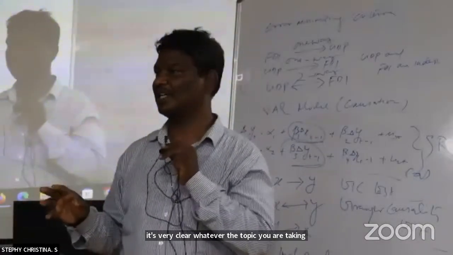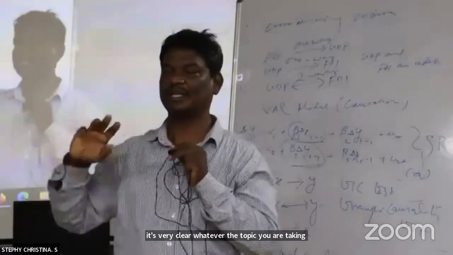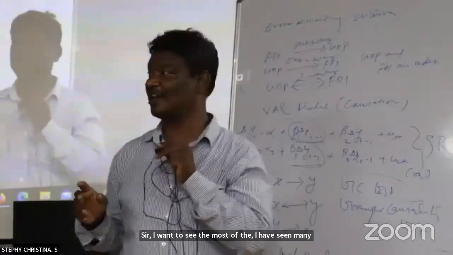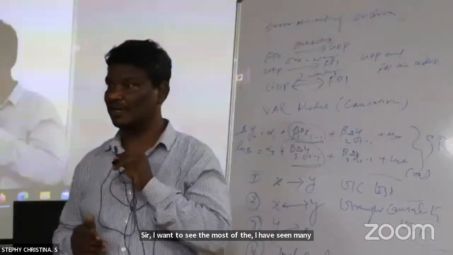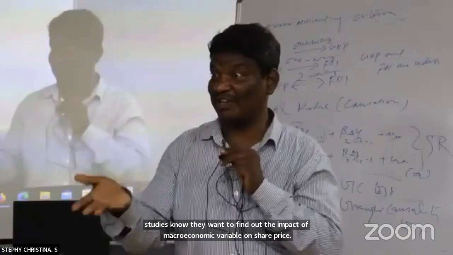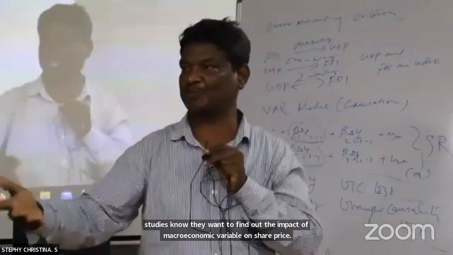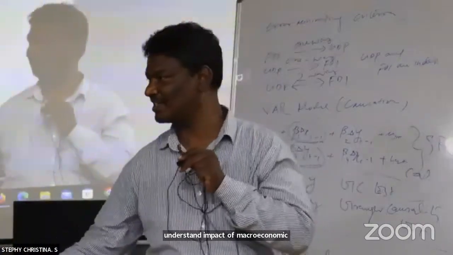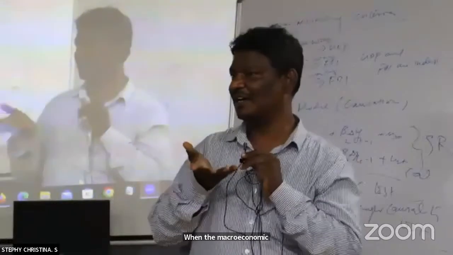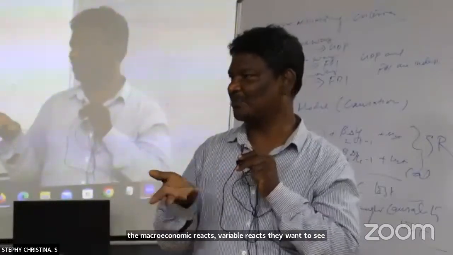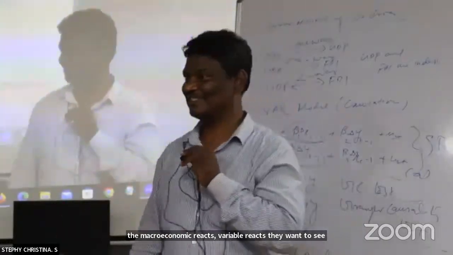Sir, I have seen many studies that want to find out the impact of macroeconomic variables on share price. Understand? The impact of macroeconomic variables: GDP, exchange rate, export, rate of interest, money supply. When the macroeconomic variable reacts, they want to see what changes take place in the share price. Beautiful study.